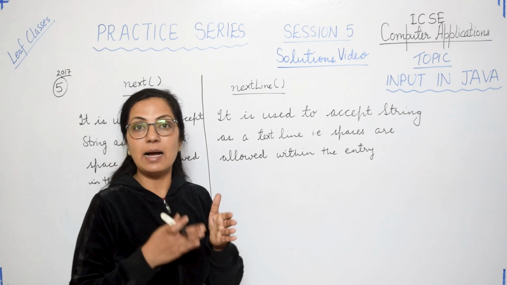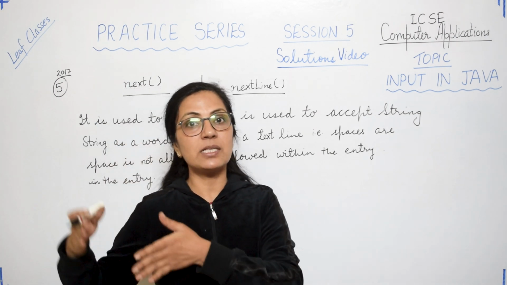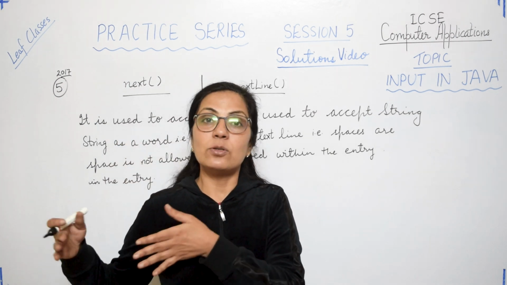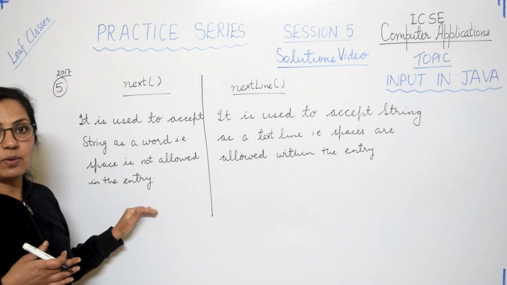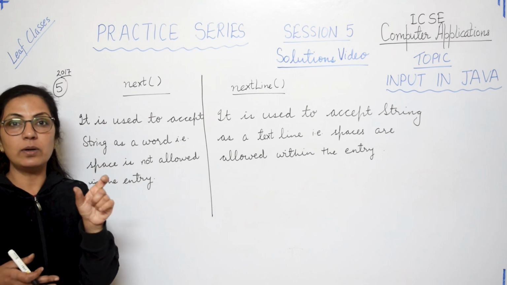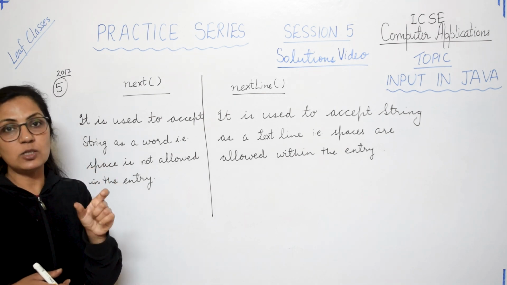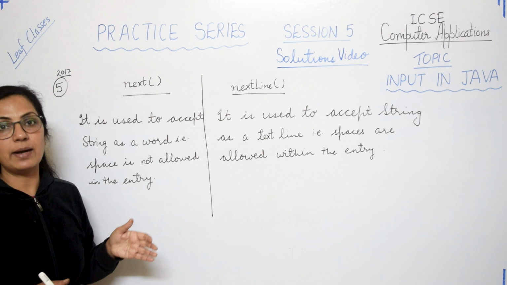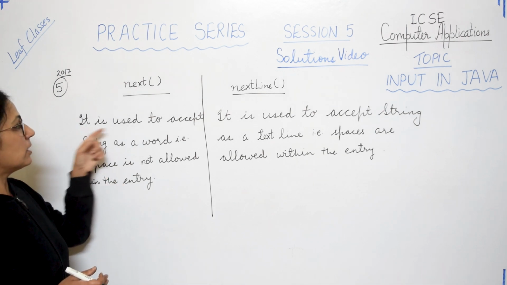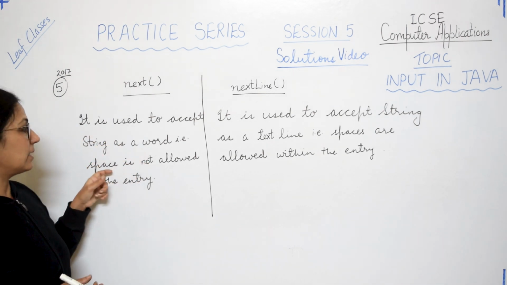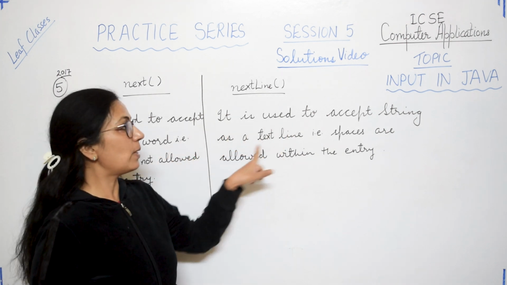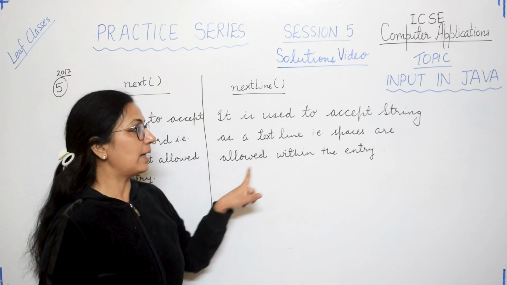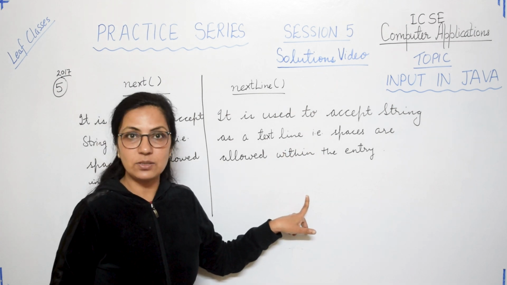Say I can write I space love space my space country. So that is allowed in nextLine. But when I am using the next function, I can just enter a word. Word means without any space, in continuation you are writing the characters. So next is used to accept a string as a word, that is, space is not allowed in the entry, and nextLine is used to accept a string as a text line, that is, spaces are allowed within the entry portion.